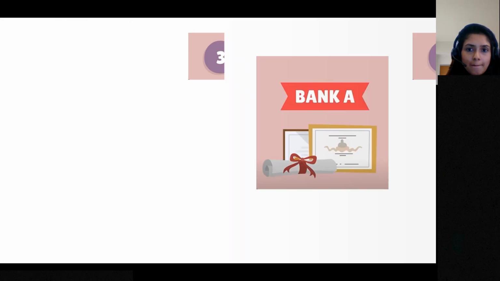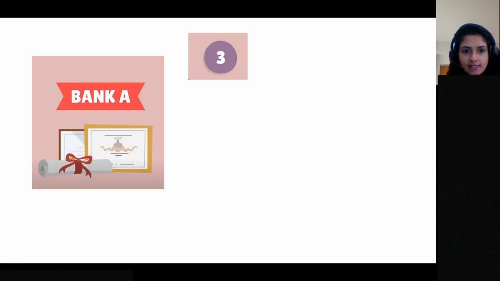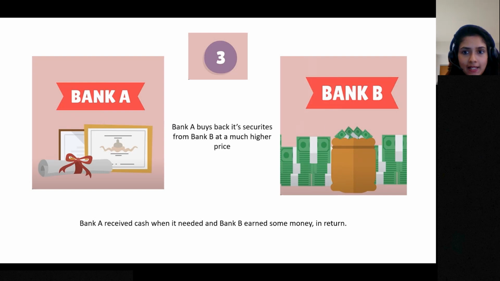Now, after, let's say, 1 month, bank A has utilized the money. Now it's time to buy back its assets from bank B. So bank A gets its assets back from bank B. And now you can see bank B has even more cash because bank A has bought back its securities from B at a much higher price.